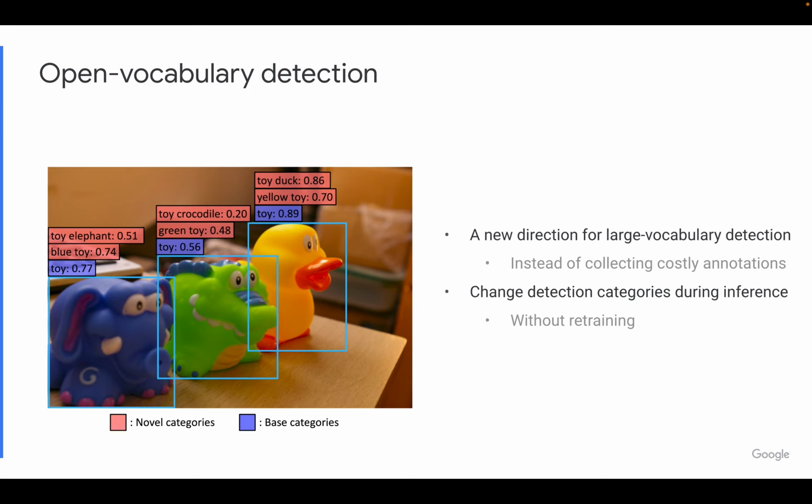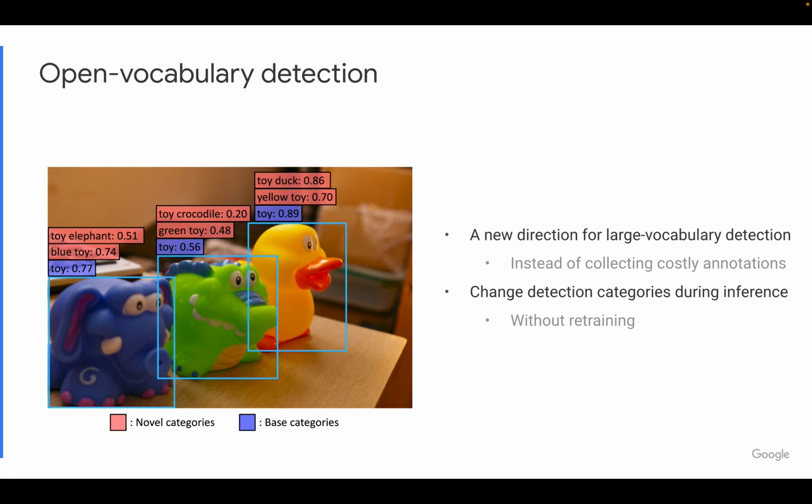In open vocabulary detection, it solves this scenario. So you have a detection dataset with the label toy. However, your users want to detect toys of different colors and types. Fully supervised detectors can only detect objects of the predefined category list, and you have to collect data for the new labels and retrain the model every time you need to detect new categories.